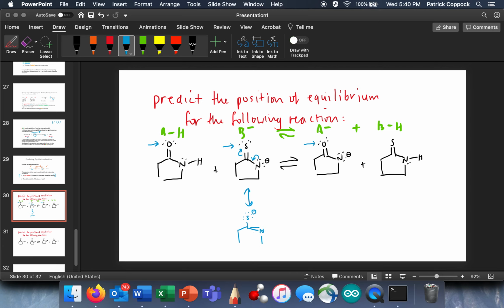This does look familiar. It looks like it's the conjugate base of SH.